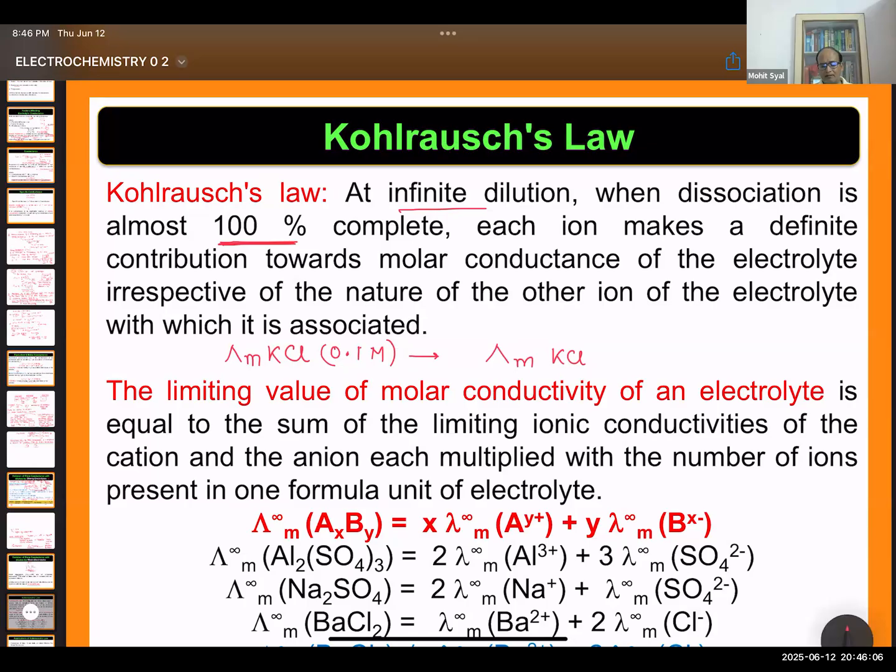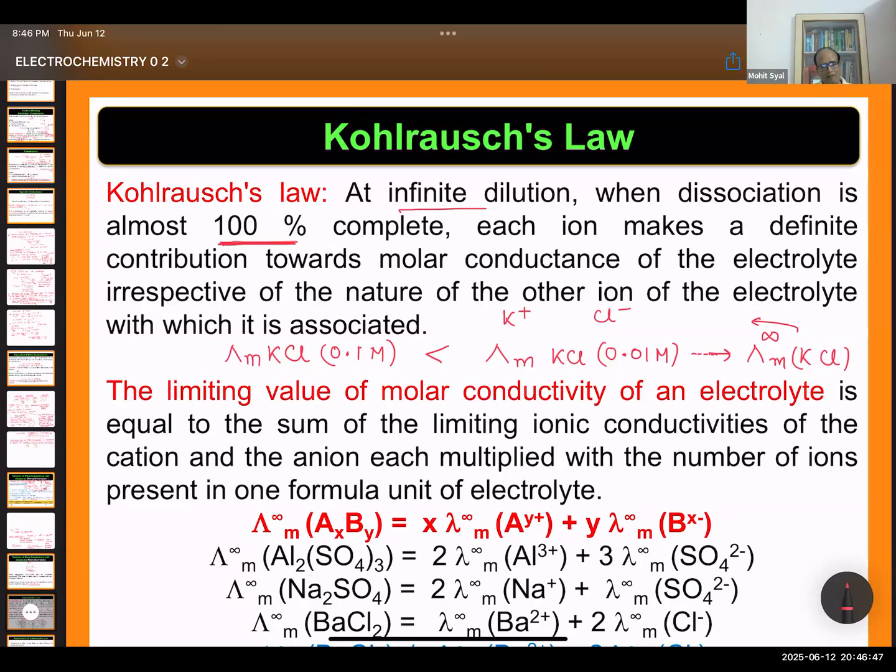Lambda of KCl at 0.01 molar is more. And when it reaches its maximum value, at this maximum value the potassium ions are completely separated from the chloride ions, because there is a lot of water.